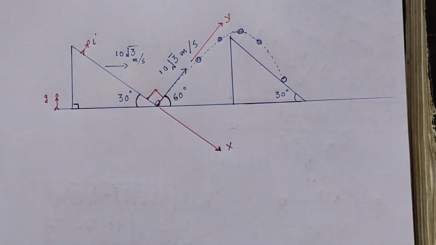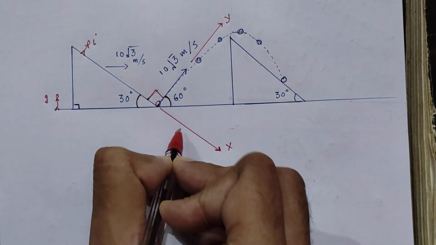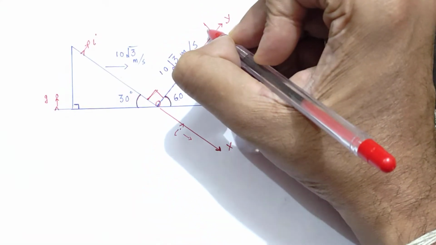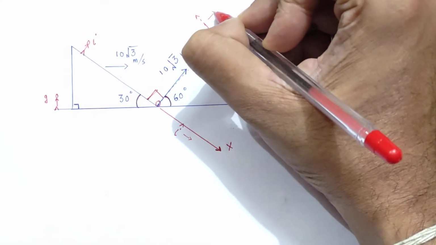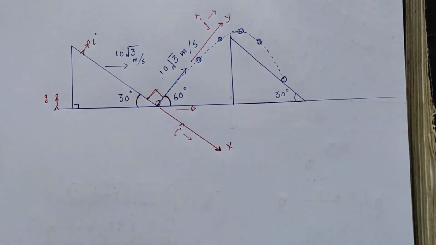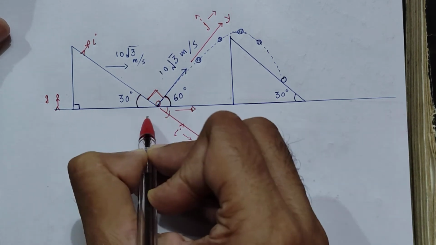Now what do we know? We know unit vector along x-axis is I cap. So you have unit vector by convention I cap in this direction and unit vector along y-axis j cap along this direction. So what is the unit vector along this direction? First of all, if this is 60 degree, this has to be how much? 30 degree.